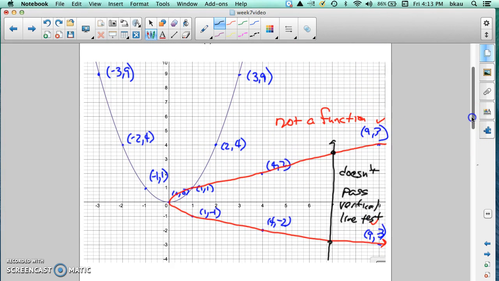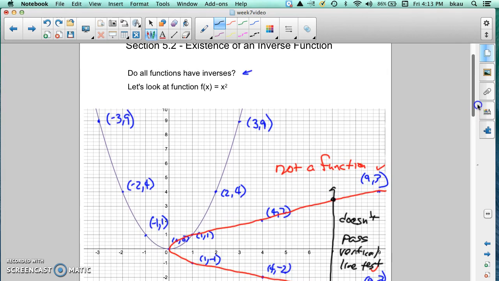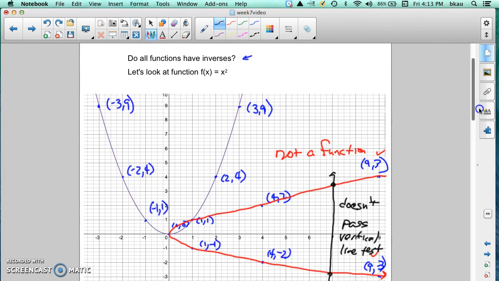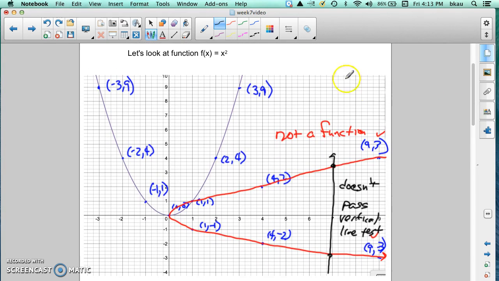We could conceivably make this a function by eliminating part of the graph. If we were to eliminate this part of the graph from our function, and that would eliminate this part of the graph of the other function, this would kind of match up with the inverse.